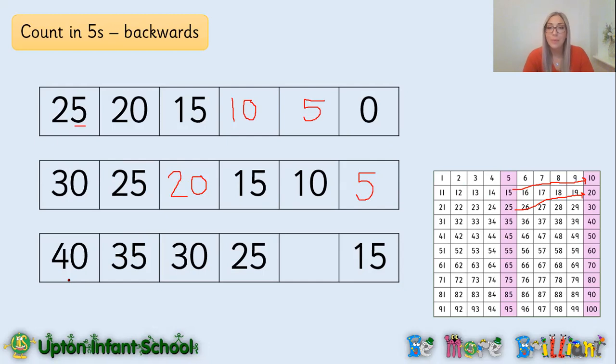Okay, next one, 40, 35, 30, 25. Okay, what I'd like you to do then is have a go at filling in this blank. Remember, we are going backwards, not forwards. Okay, so use my 100 square to help you. Find 25 and go back up and see if you can count back 5.